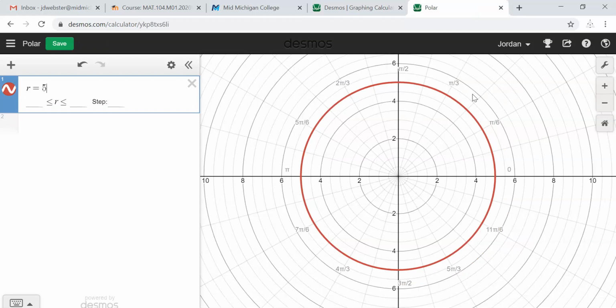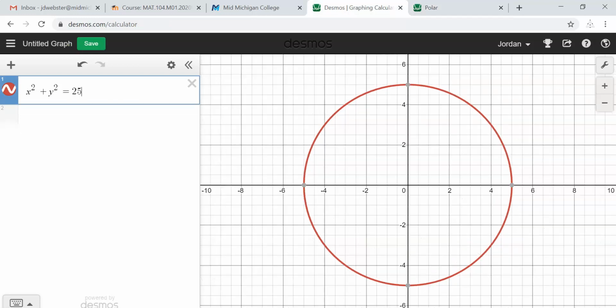Either way, circle of radius 5, but this is in complete alignment with the polar coordinate system in that we do have r equals 5. So r equals various values are sort of the grid lines themselves, whereas obviously circles do not comprise the grid lines in the rectangular coordinate system.